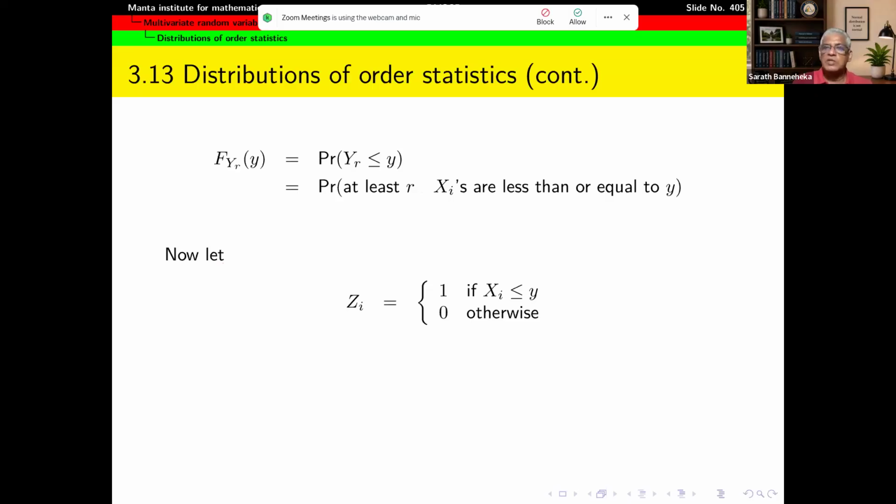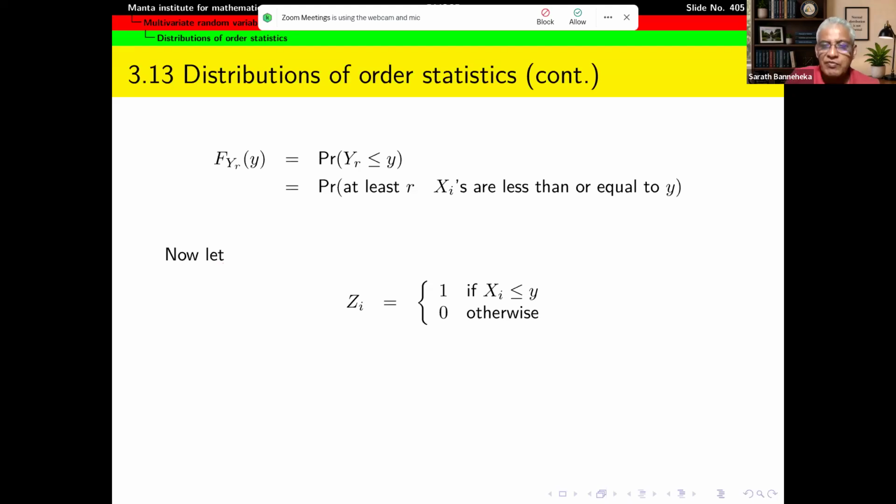So that means, for example, if you consider the number of X's, X1, X2, up to Xn, and out of those, let's consider the number of X's which are less than or equal to y. Then the event Yr less than or equal to y is equivalent to the number of X's which are less than or equal to y being greater than or equal to r. At least r of those. So greater than or equal to r. Right.